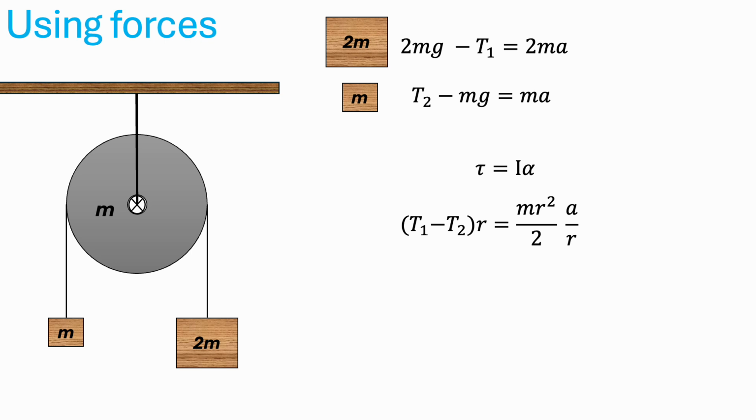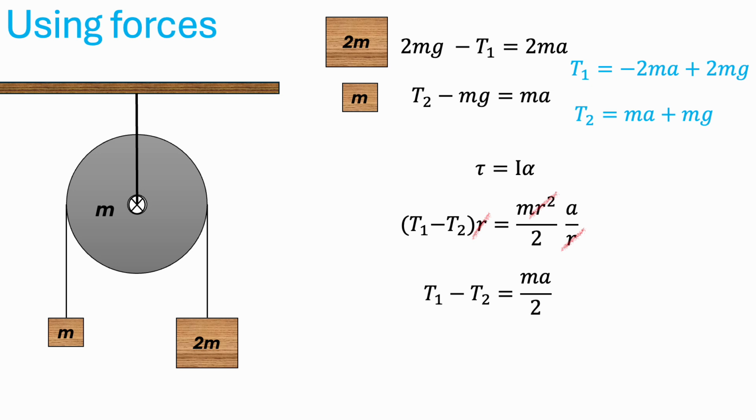And then we use our same moment of inertia and the fact that the angular acceleration is linear acceleration divided by the radius, similar to the v equals omega r equation, just with acceleration, applying the derivative with respect to time. Now, cancel our r's on both sides, leaving us with this, and then we go back and rearrange the first two equations that we derived earlier.